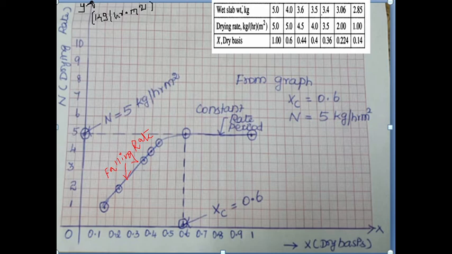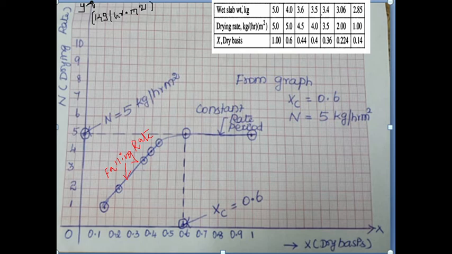Okay. So next one, we want the critical moisture content value, that is capital Xc. What is capital Xc? Capital Xc is the critical moisture content. This is the end of the constant rate drying period. So refer to the graph. From that graph, capital Xc is the end of the constant rate period. From the graph, which point is the end of the constant rate period? Capital Xc is equal to 0.6.